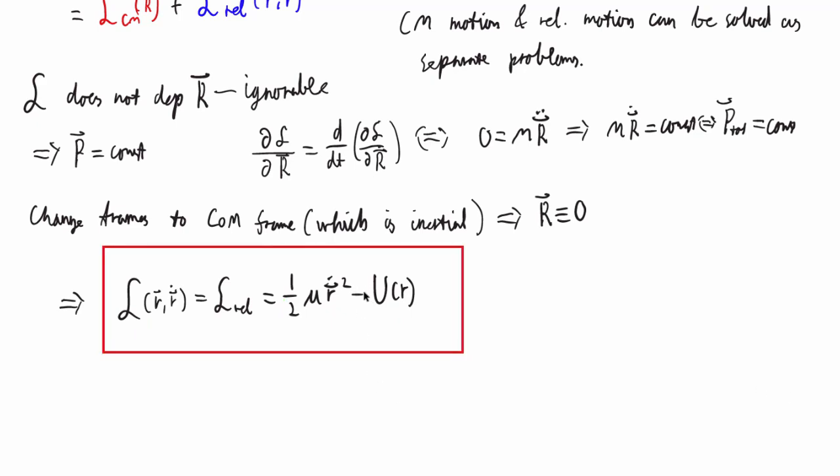So what we've done now, if you look at it, we have reduced the two-body problem to what is effectively a single-body problem. Right? This is exactly what we would write down if we had a potential for one particle that was located at position r and that had mass mu.